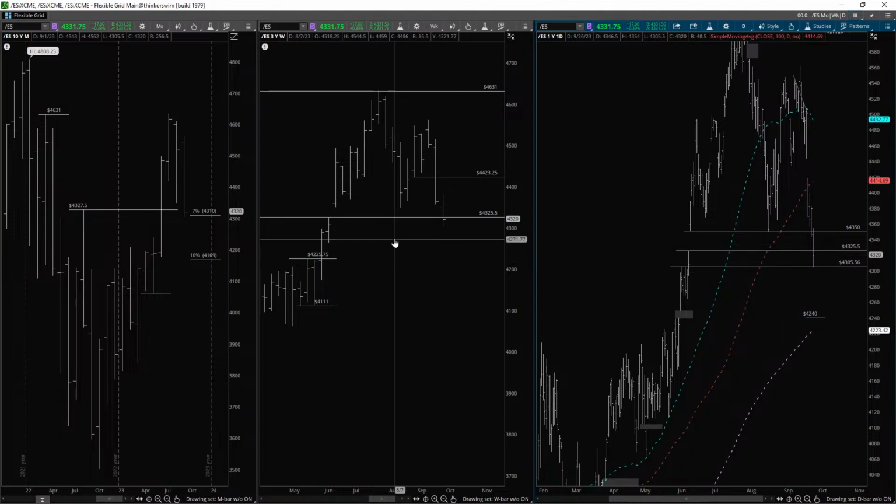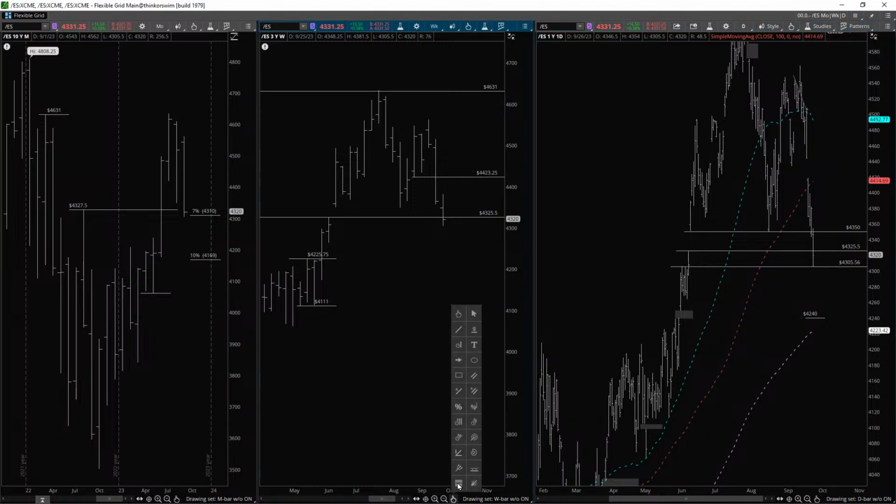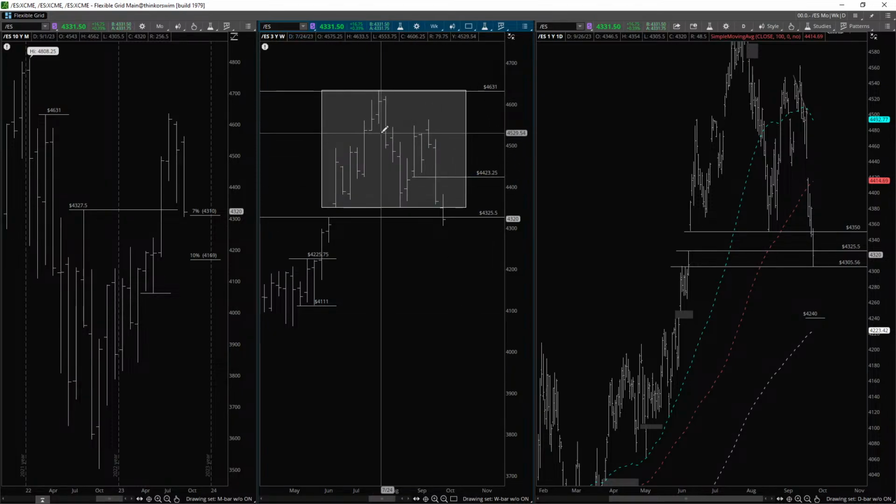Now, in the weekly time frame, we have excess. We have a range here. Check this out. A range here, an excess now on the lower side. The market has looked below this range.